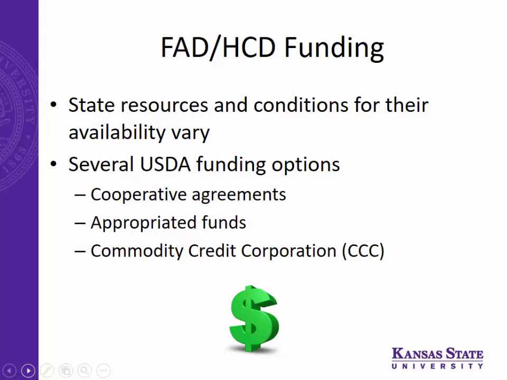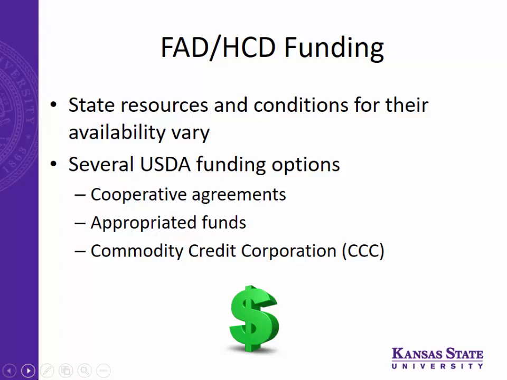Some funding is available for a state responding to an FAD-HCD from USDA through cooperative agreements, though the state needs to provide evidence of their needs through careful planning and expectations. Alternatively, the Secretary of Agriculture may make a USDA secretarial disaster designation at the request of a designated state or tribal entity. In the event of an FAD-HCD outbreak within the United States, a USDA secretarial designation will trigger a larger scope of resources to become available for response activities.